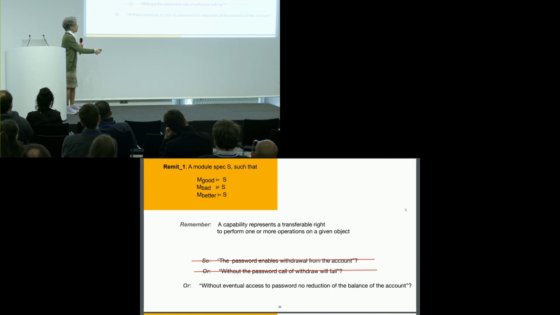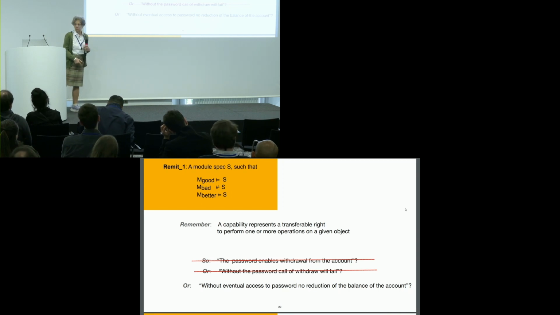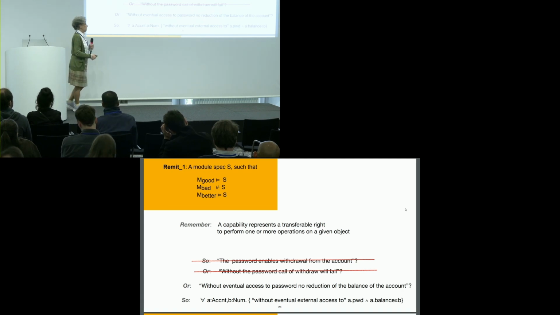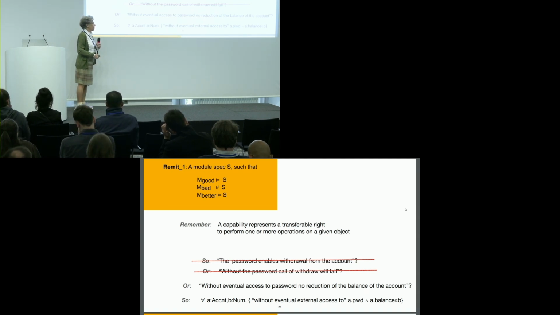And also, I don't care whether I call withdraw or transfer or whatever function, I care for the effect. So the reduction of the balance will not happen. So this is the way we specify it, and we specify it with an invariant, essentially. We say that for all accounts and for all numbers, if I am in a state where there is no way for anybody external eventually to get access to the password, then the balance is going to be greater or equal a certain number.